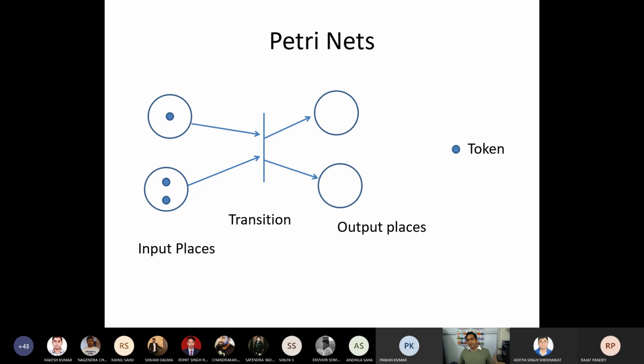As I said, in a particular system you may have a certain number of entities, and these entities are carrying out certain activities. Unless or until some data is there with that particular entity, it cannot process. You can think of it like this: say you wanted to model a printer.